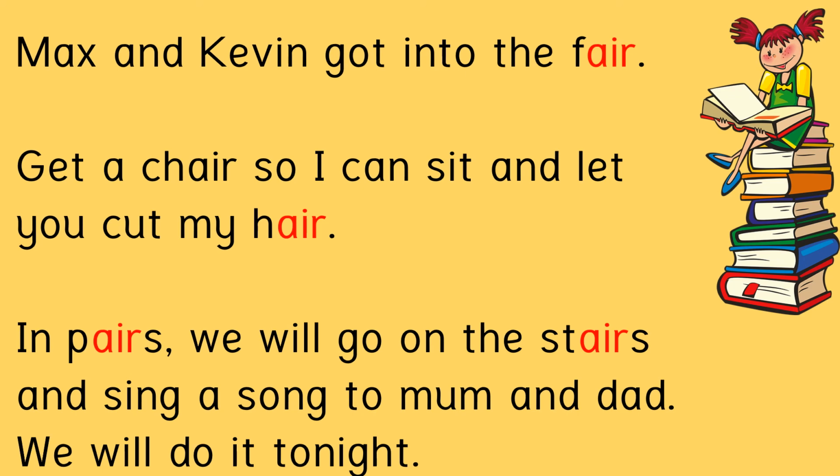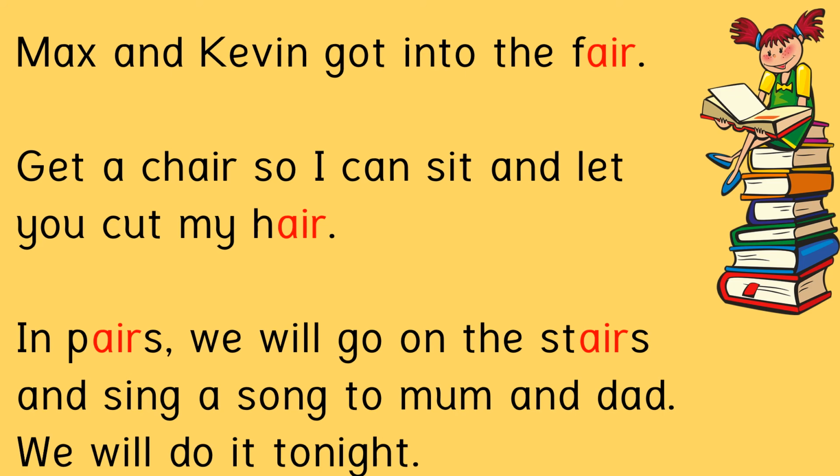Okay, let's have a look at that first sentence. So we've got: Max and Kevin got into the fair. Okay, you have a go at reading that? Right, the second one: Get a chair so I can sit and let you cut my hair.